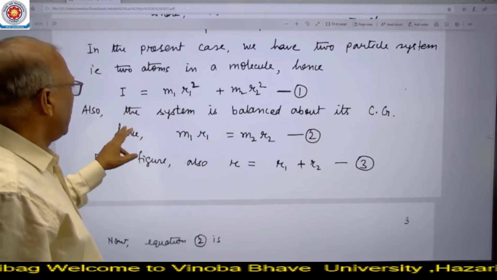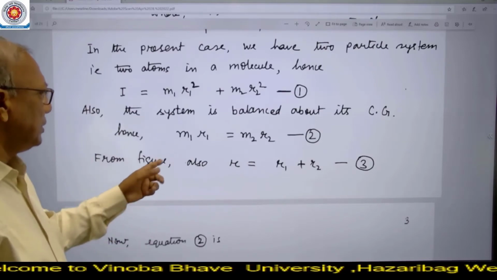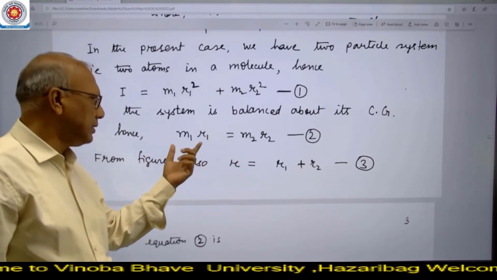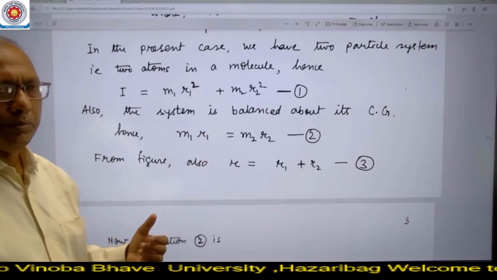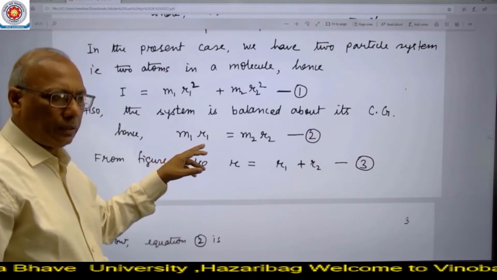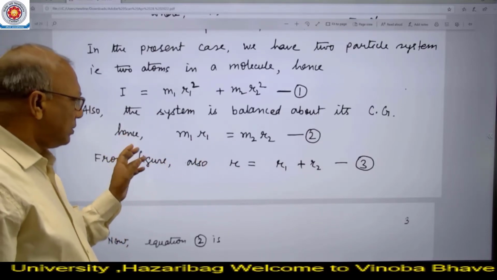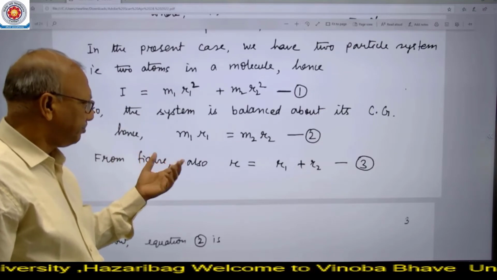Now the system is balanced about its center of gravity, therefore this condition is valid. That is, m1 r1 is equal to m2 r2, meaning the product of mass and r, where r is the distance between the center of gravity and the center of mass of that atom.